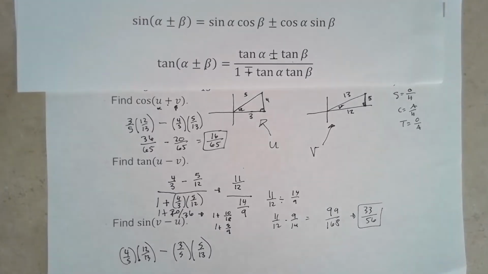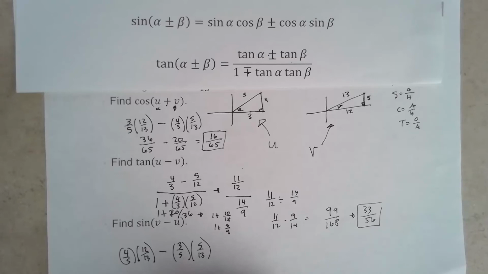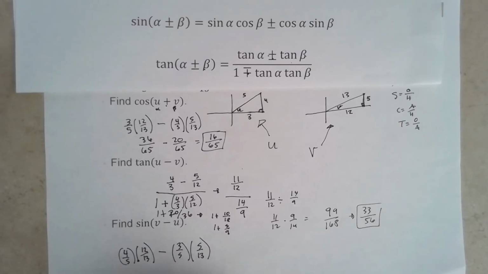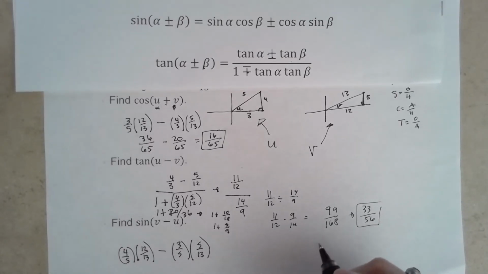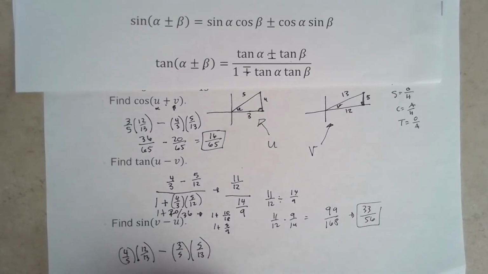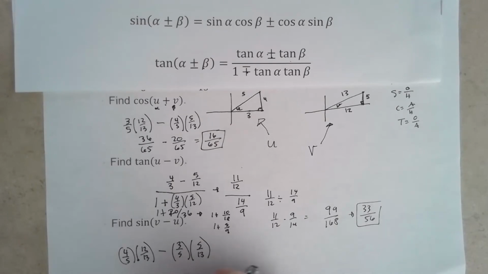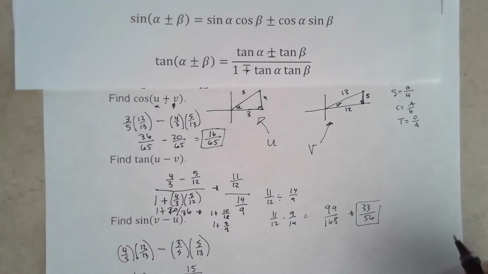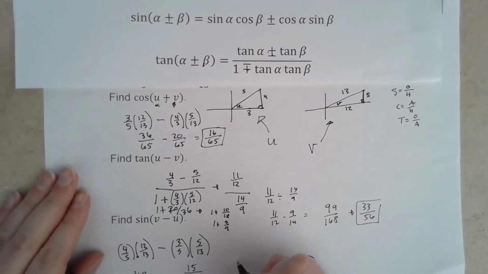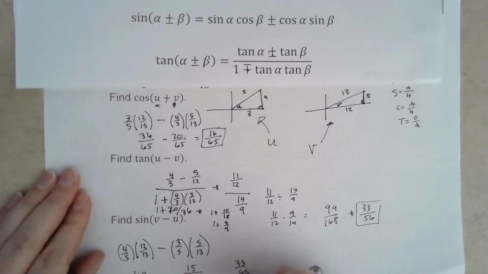Okay, so we'd get over 65, brain just went blank, 48 minus 15, so 33 over 65.